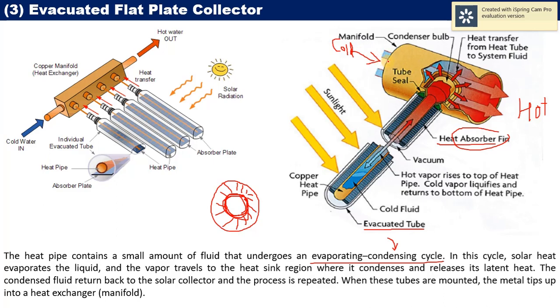It may be water, oil, anything. When that fluid absorbs the heat from this tube, the vapor condenses and returns back to its initial position. That's why it is said to be based on the evaporating and condensing cycle. This is the explanation for the evacuated flat plate collector.